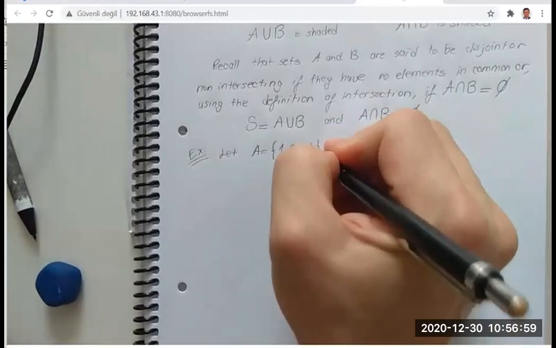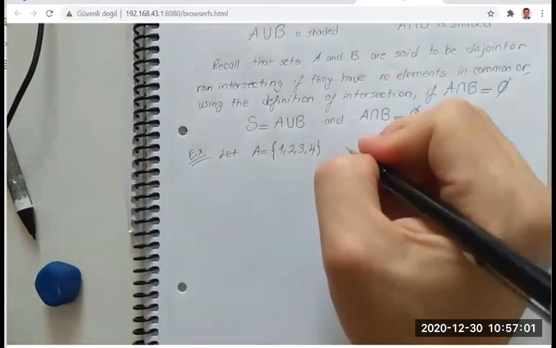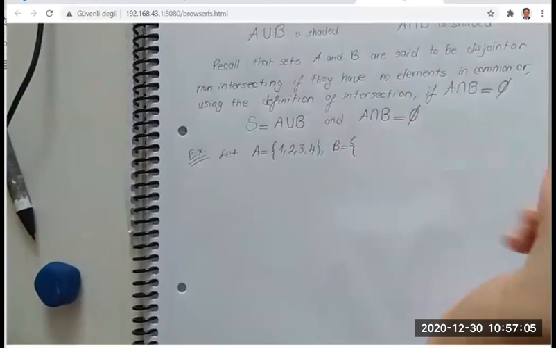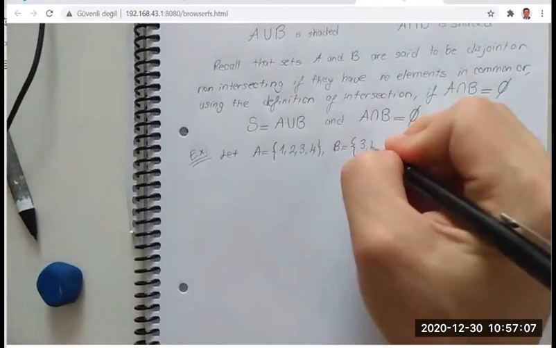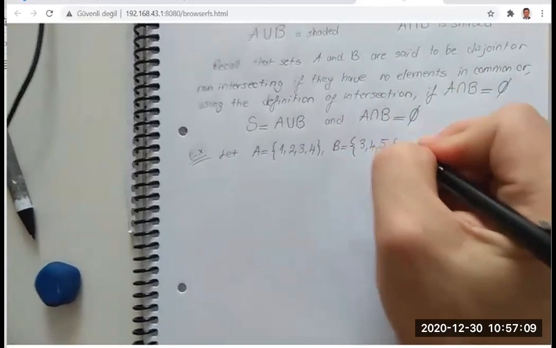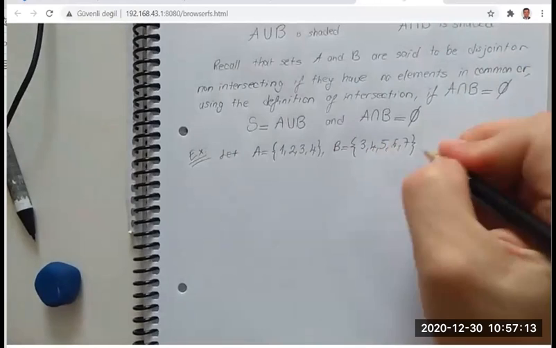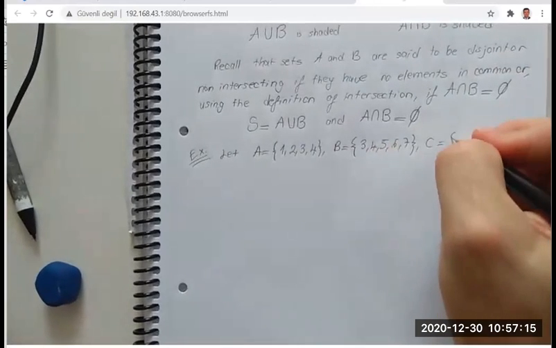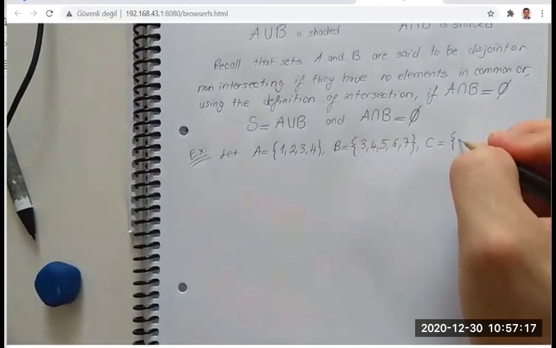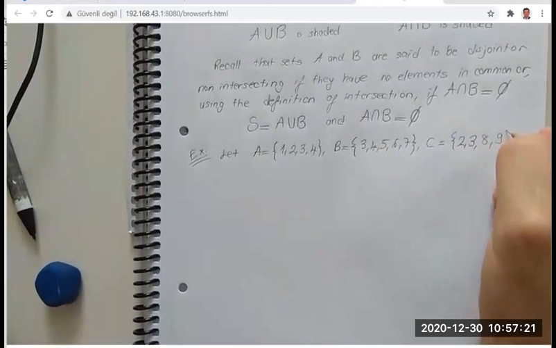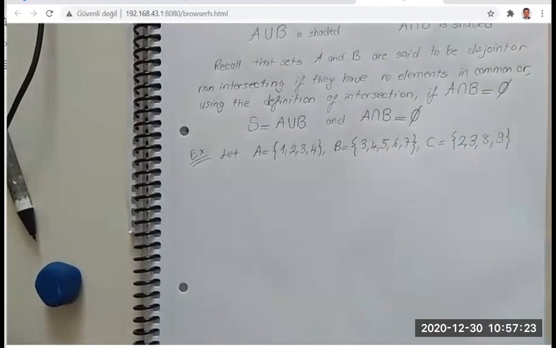Those are the elements, and there's the set B, and inside of B 3, 4, 5, 6, and 7. And there's the set C, and inside of C there is 2, 3, 8, 9.